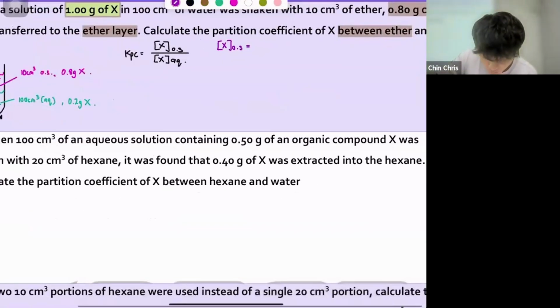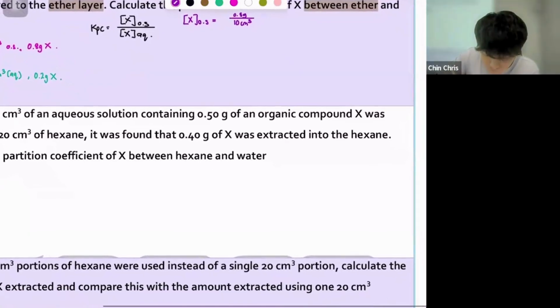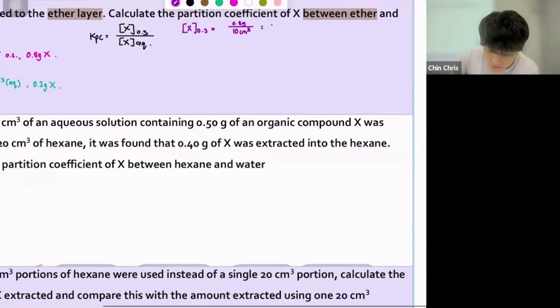So 0.8 gram divided by 10 cm cube. You see, guys, I don't even need to convert into dm cube. It's fine. If you work in cm cube, you work in cm cube. Just be consistent in your unit, then it's okay. So you get 0.08 gram per cm cube.